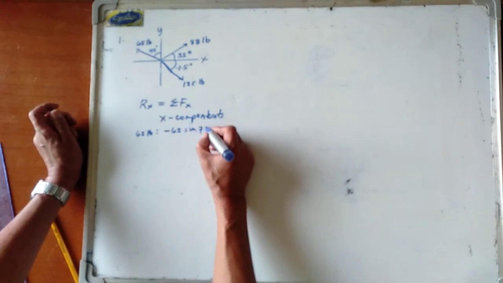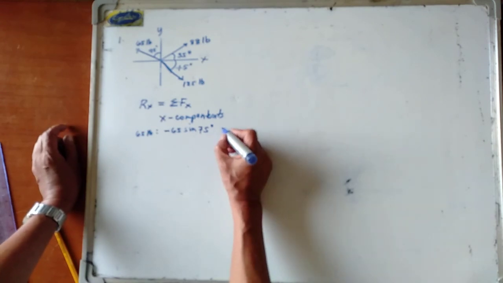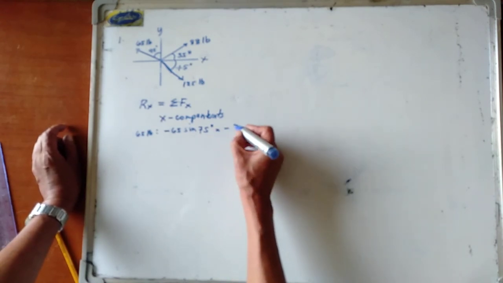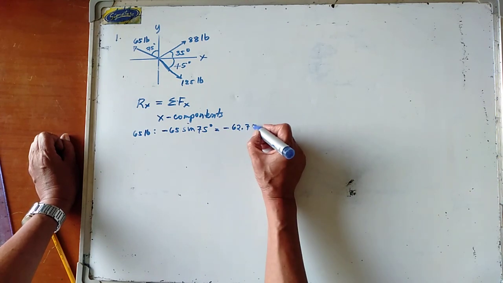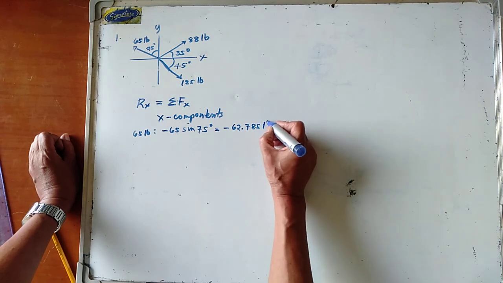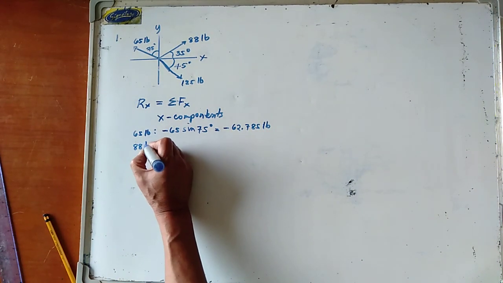So this is equal to negative 62.785 pounds.